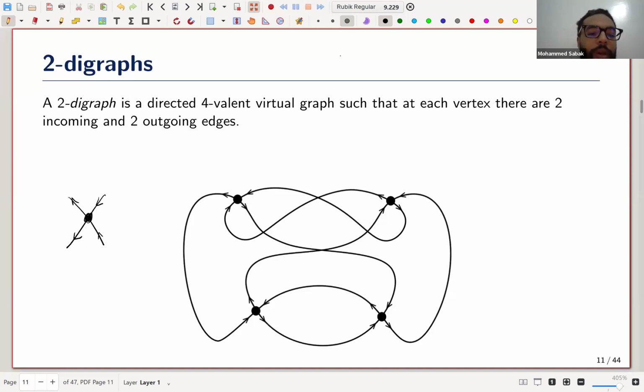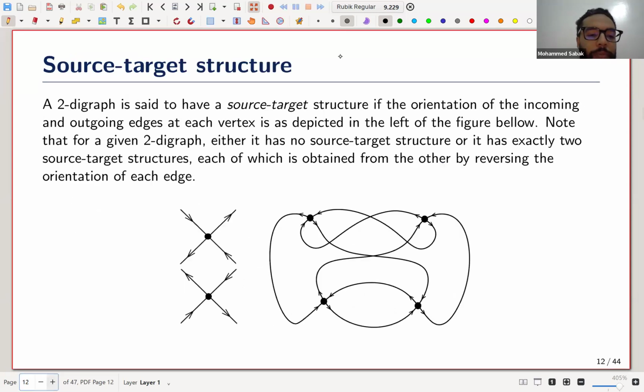At the vertex, we have two incoming and two outgoing edges, but it is not a source-target structure. In a source-target structure, the two incoming and the two outgoing edges are not adjacent.